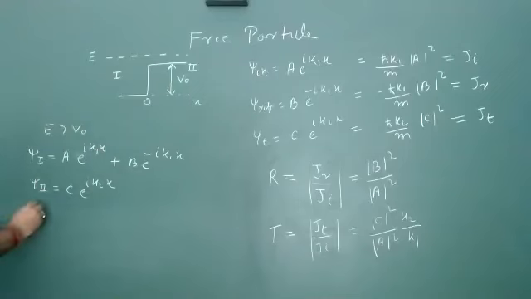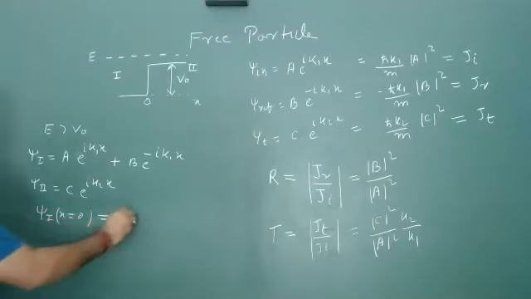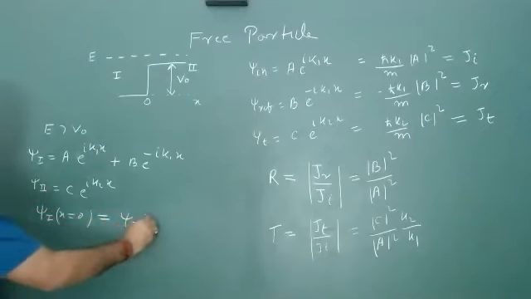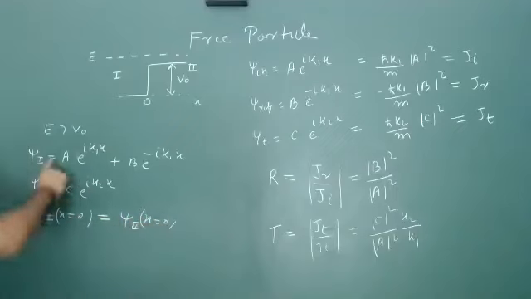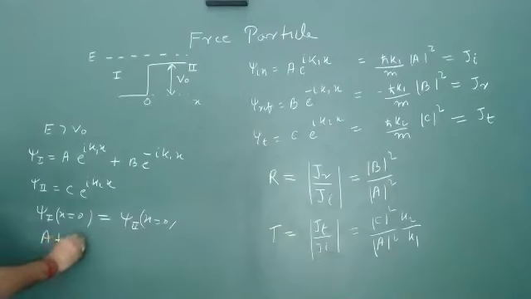So psi1 at x equals 0 must be equal to psi2 at x equals 0. So it will give us a plus b equals c.